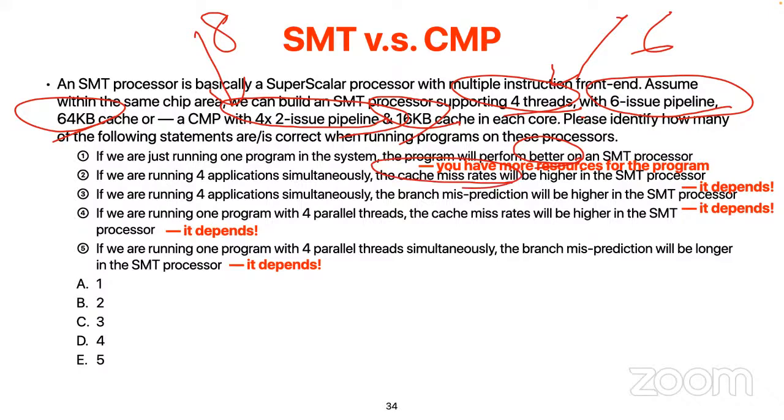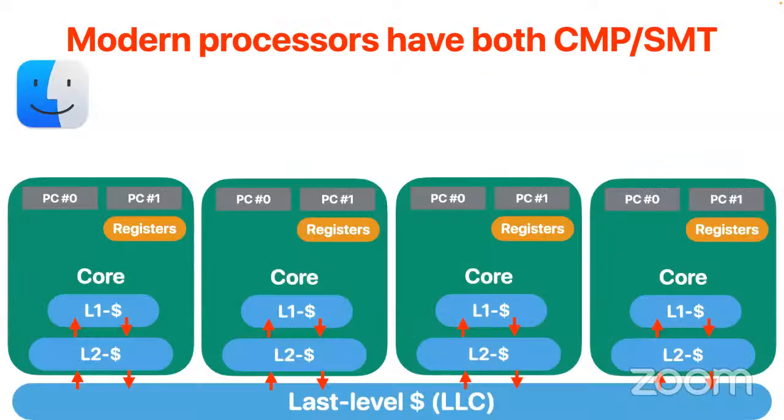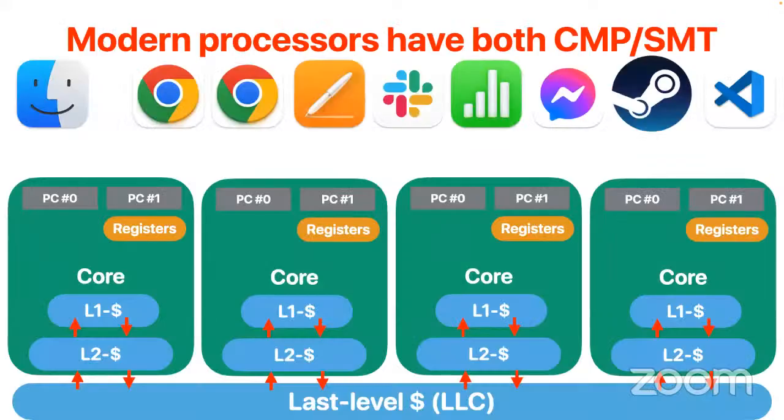So again, as I said, what if I'm running a thread that doesn't use the cache at all? Most of the time, we want to get both. And since we have more transistors, why don't we just get both? That's exactly what modern processors do.